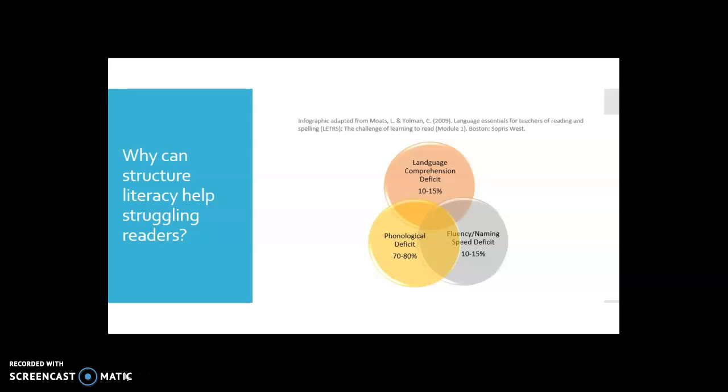Researchers have debated whether the core deficit is related to processing speed or if it's an issue related to the storage and recall of exact letter sequences. Students who have both a phonological and a fluency naming deficit are often those with the most intense struggles with reading.